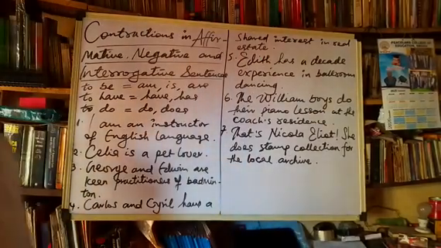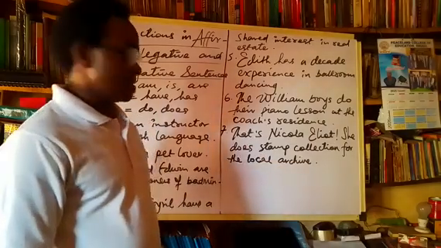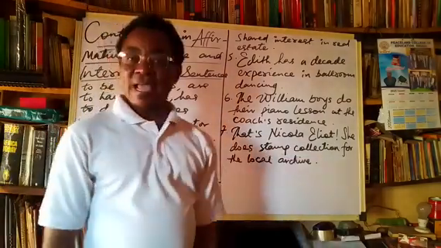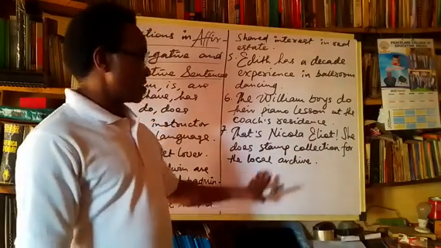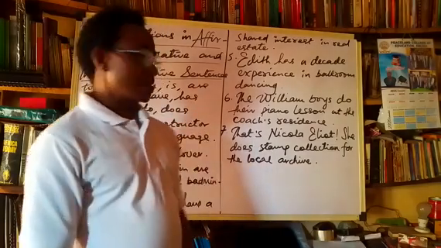In number 7, the sentence is, Nicola Elliott: she does stamp collection for the local archive.